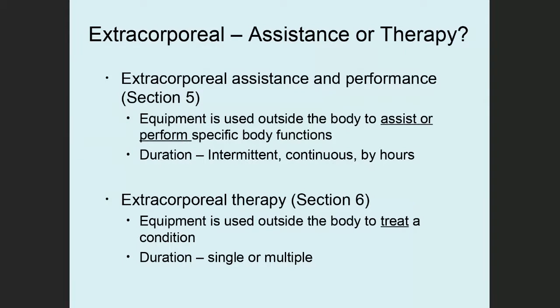So it's assisting a body function. Extracorporeal therapy is to treat a system. It's not taking over a function, it's treating a condition. Also notice that for section 5, the duration is intermittent, continuous, or by number of hours. In extracorporeal therapy, the duration is just listed as single or multiple.